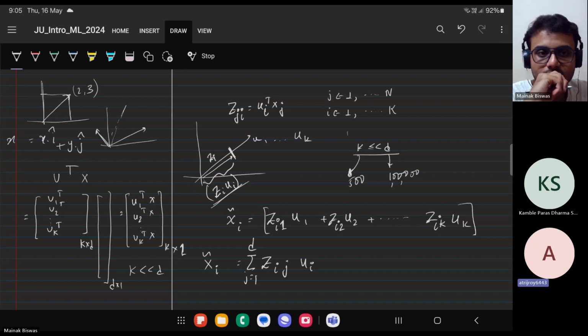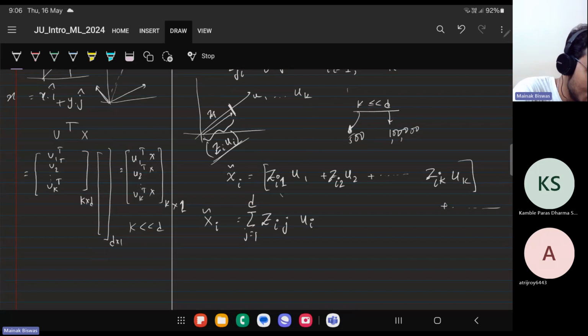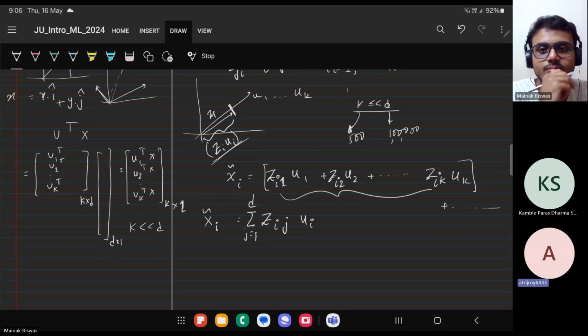So if you have n eigenvectors or n basis vectors, every d-dimensional space will have d basis vectors, yes or no? Do you agree? The d basis vectors it will have. Now out of those d vectors, I am going to choose only K. Can you first check one thing?